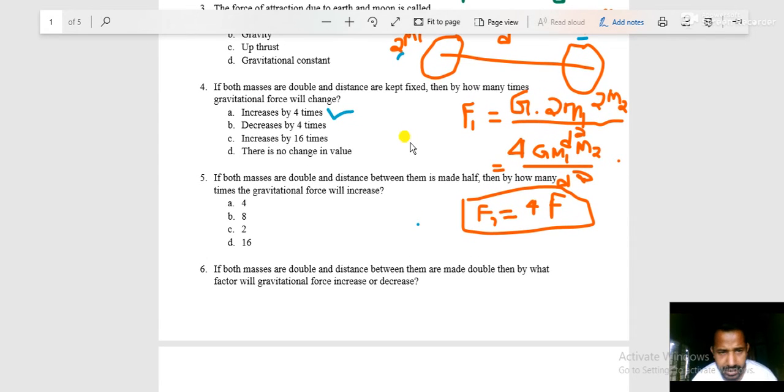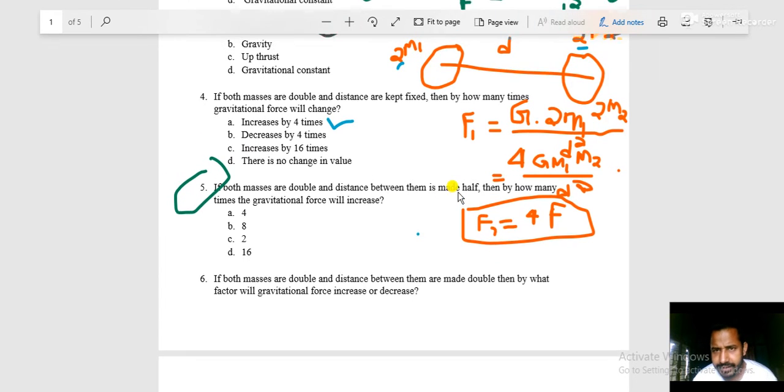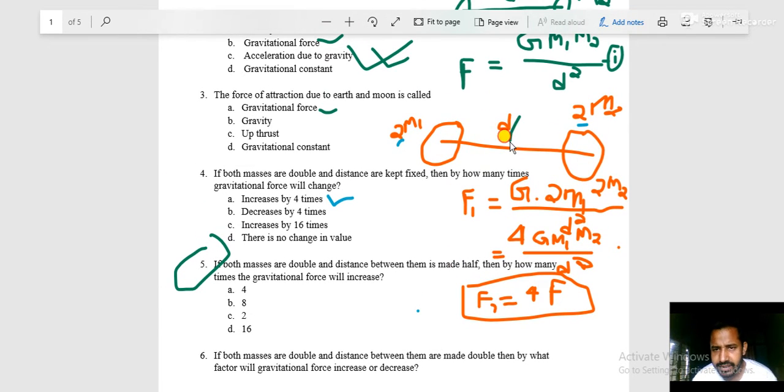Okay, I am solving this one, question number 5. The distance is made half, which means I should write here d by 2. Now I should put here d by 2 whole square. Now I think I should rub it all.